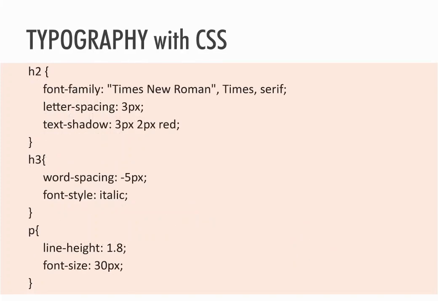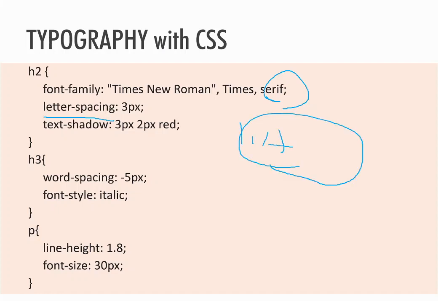Same here, you're importing Times New Roman and the serif family, the whole family. You can have letter spacing. Letter spacing means in one word, like apple, you can have a space between the letters, and that is 3 pixels. You can have a text shadow, here a red shadow. And you can have word spacing.